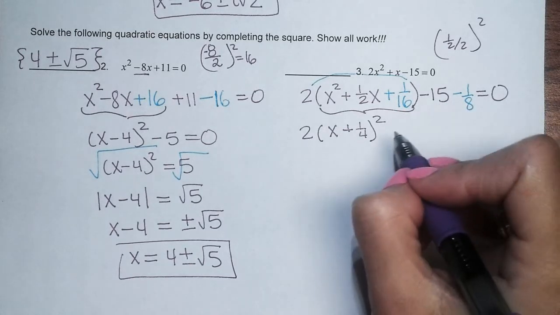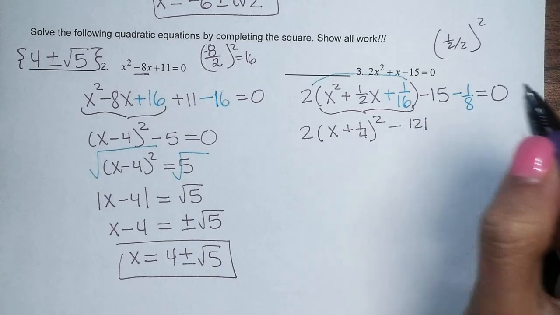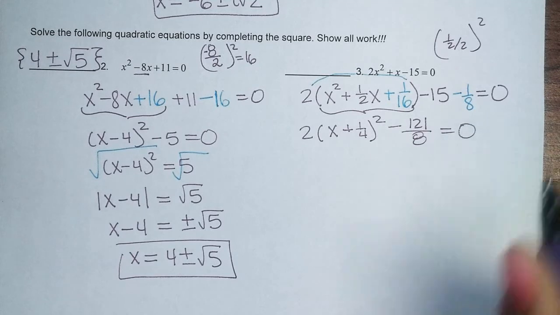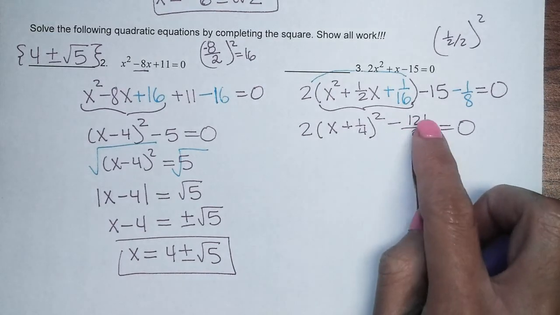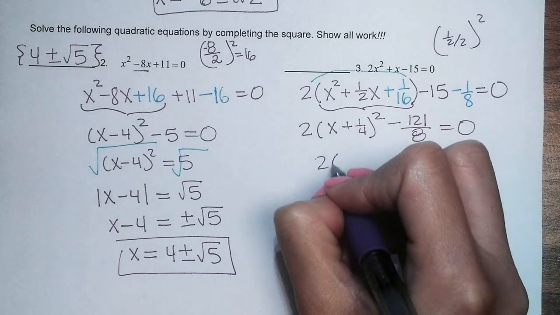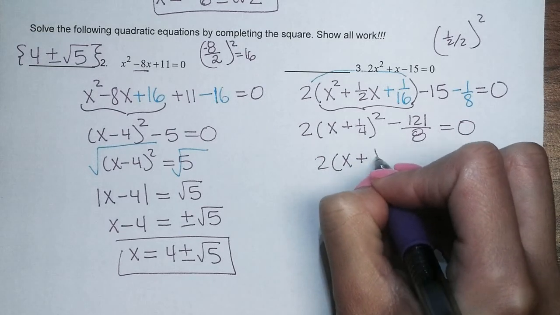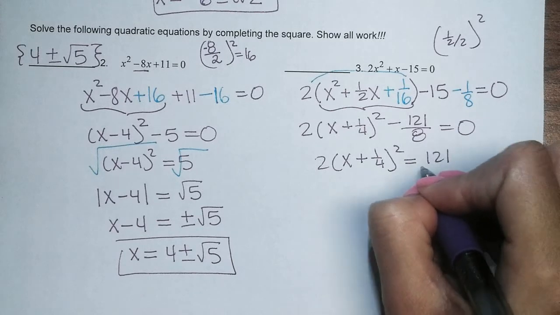If you do it correctly, that should give you a negative 121 over 8. That equals 0. And then you just continue solving this by the square root property. So I'm going to get rid of the minus 121 over 8 and move it to the right side. So it'll be 2 parentheses x plus 1/4 squared equals 121 over 8.